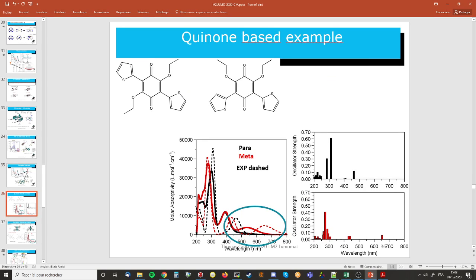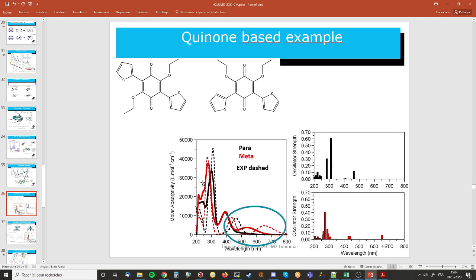Last example with the quinone-based compound, and we have here a quinone with 4 substitutions. Here you have an inversion symmetry, when here you have a symmetry plane, more or less. That means that you don't have exactly the same 3D component, but you have the same chemistry.